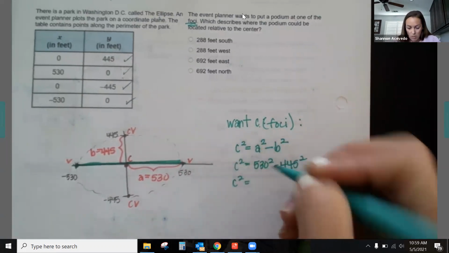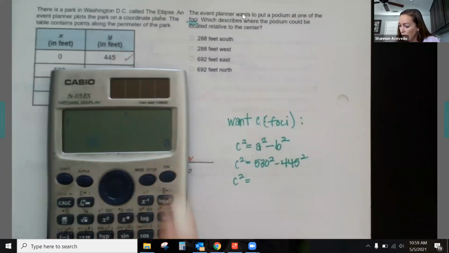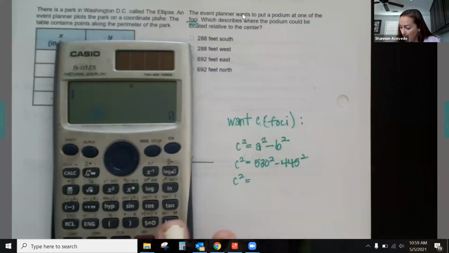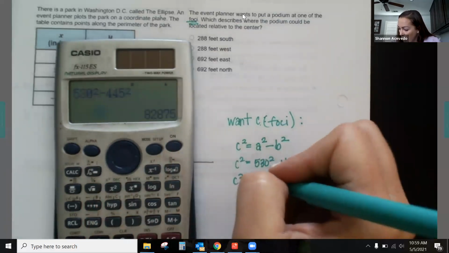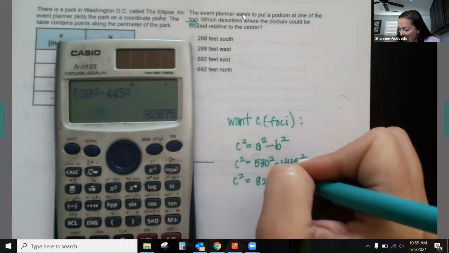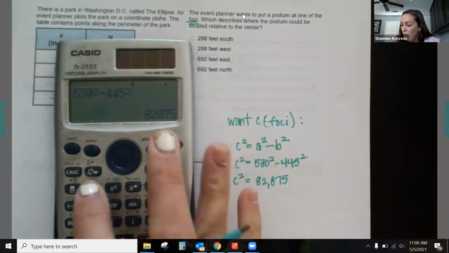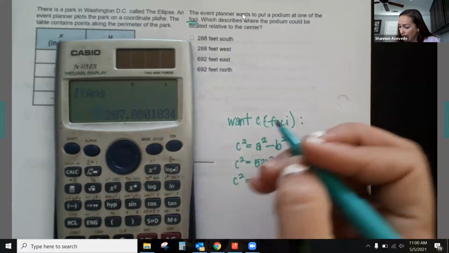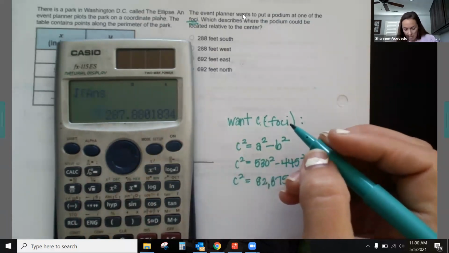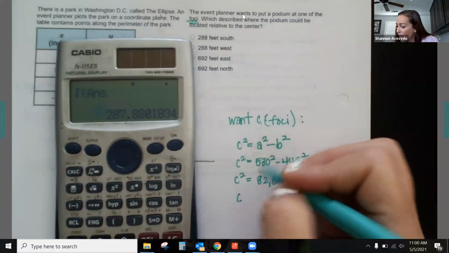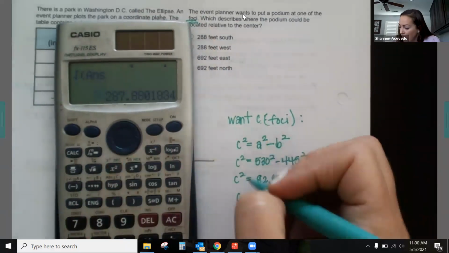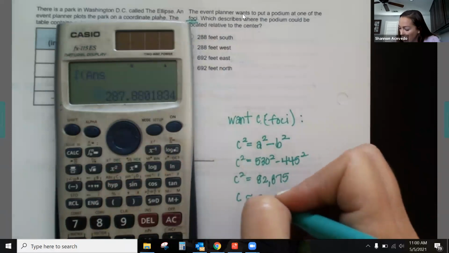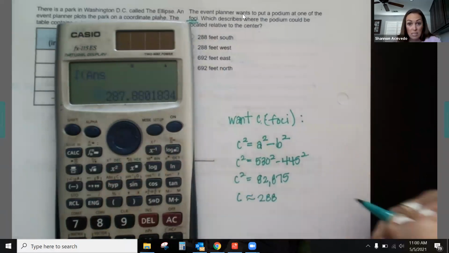I go to my wonderful calculator and I just type in 530 squared minus 445 squared, which is equal to 82,875. And I'm going to go ahead and take the square root of that answer. And I can see that C, notice these are all whole numbers, so I'm going to round it to a whole number. So C is approximately 288.